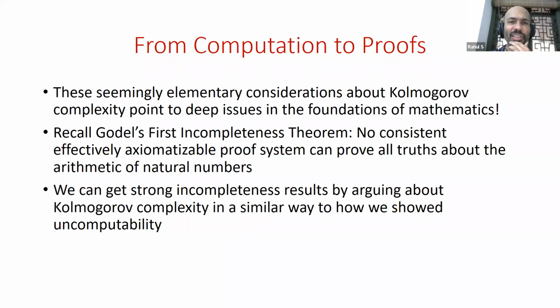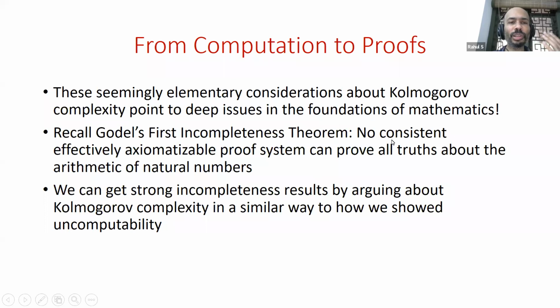Basically, this application is to proofs and to the question of provability of theorems of mathematics. Many of you might have heard of Gödel's incompleteness theorems, which essentially say that if you have a proof system like Peano arithmetic, any system that proves mathematical theorems about the natural numbers, there's no sound, consistent system which can prove all truths about the natural numbers.